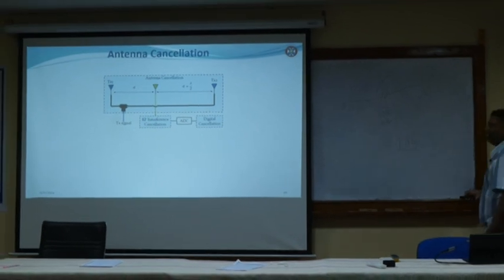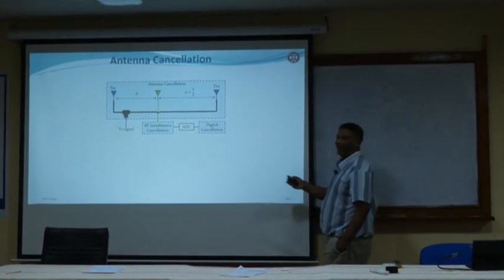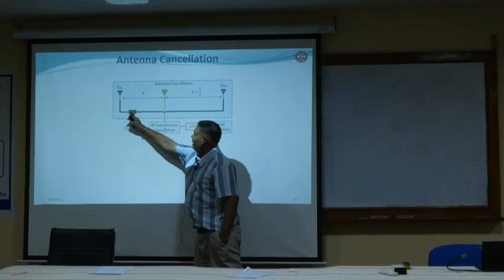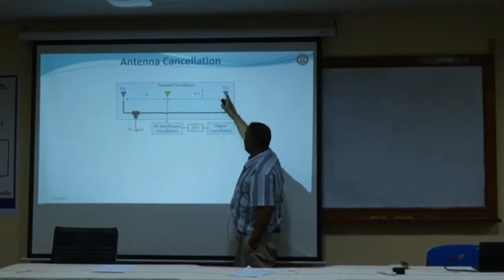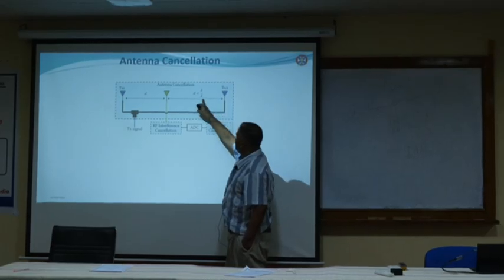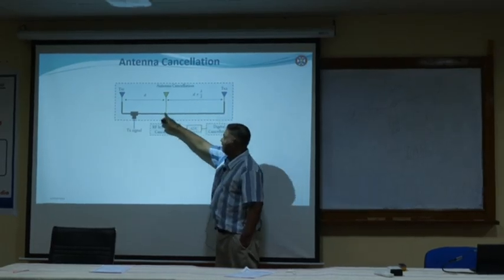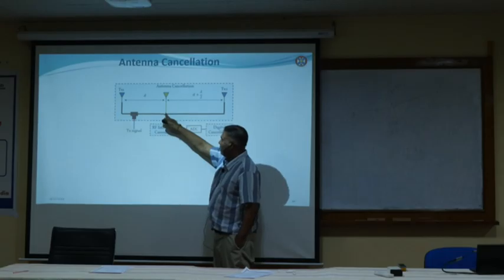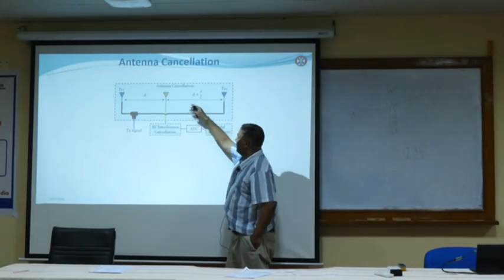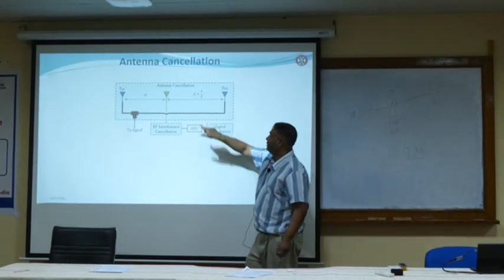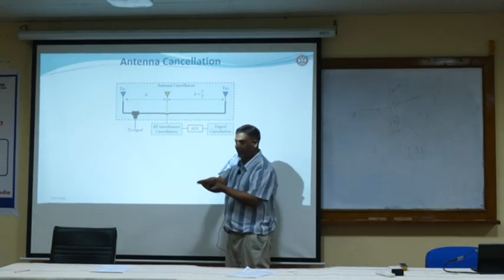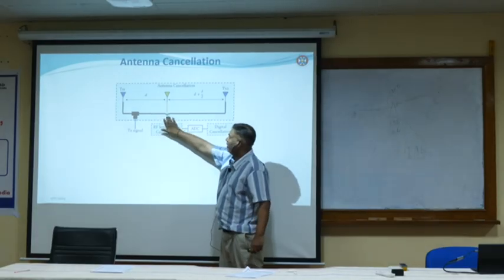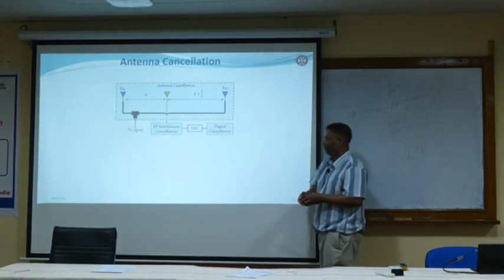Some early work considered one transmit antenna at distance d from the receiver antenna. If you put another transmit antenna at distance d plus lambda over 2, then the signals add destructively because they are lambda over 2 apart, and a kind of cancellation is possible.